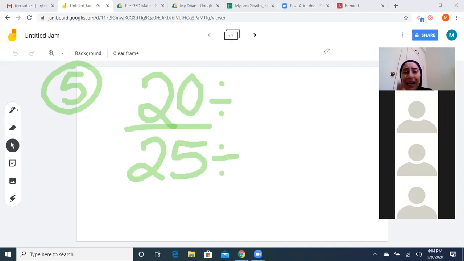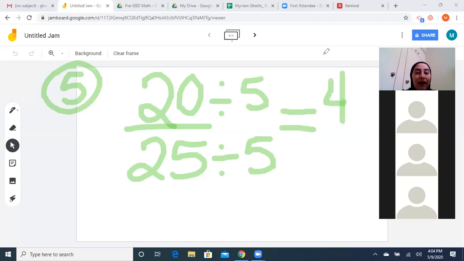So I have to find the highest number divisible by both of these numbers. 5. We're going to do 20 divided by 5, which is 4, and 25 divided by 5, which is 5.